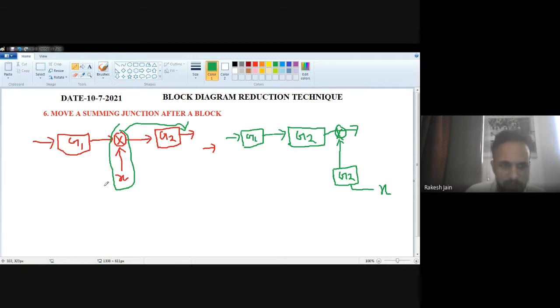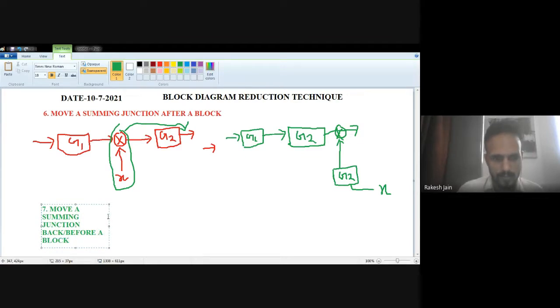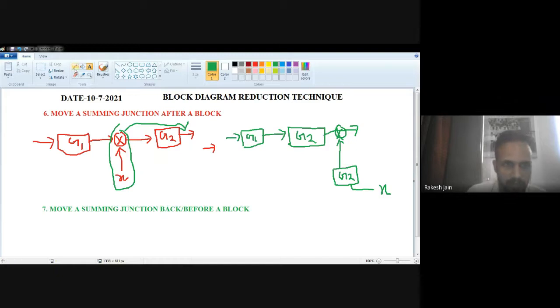Now the last rule, the seventh rule, because timing is very short. The seventh rule is move a summing junction back, that means before a block. So let's suppose I have two blocks.